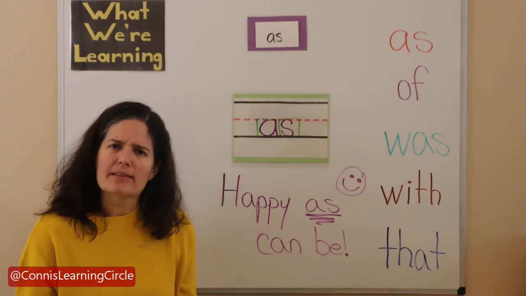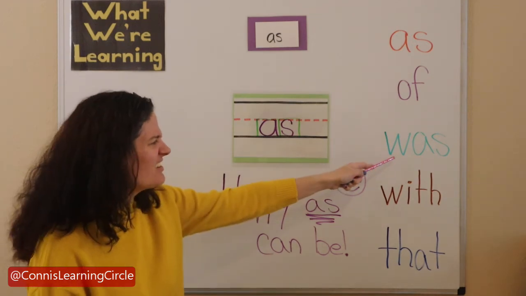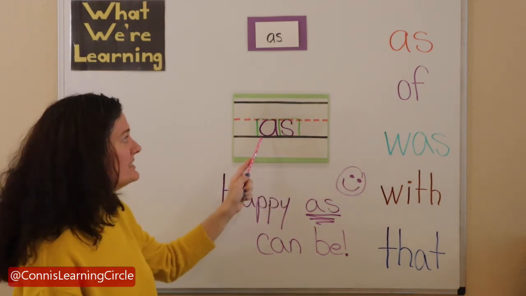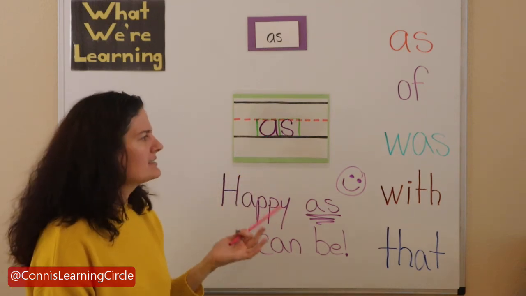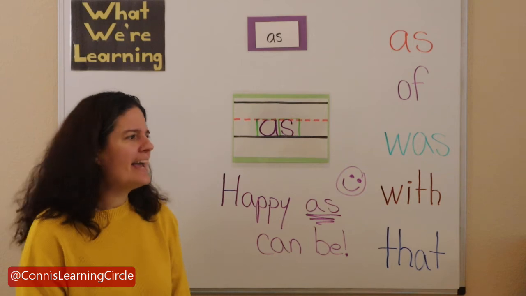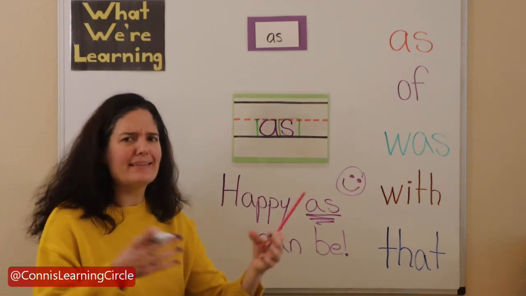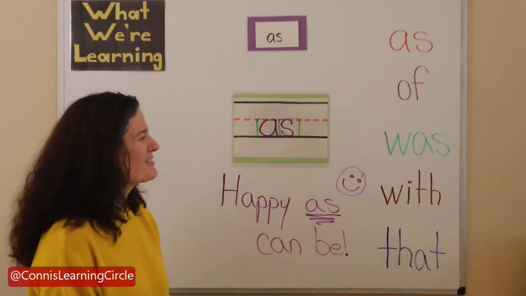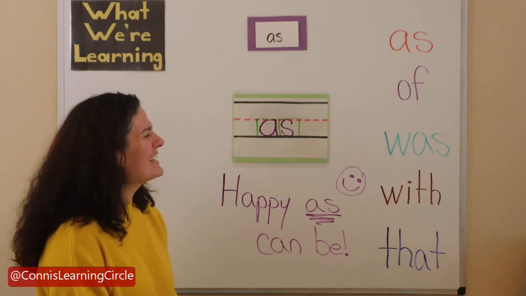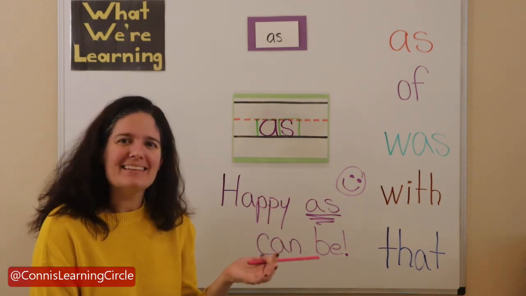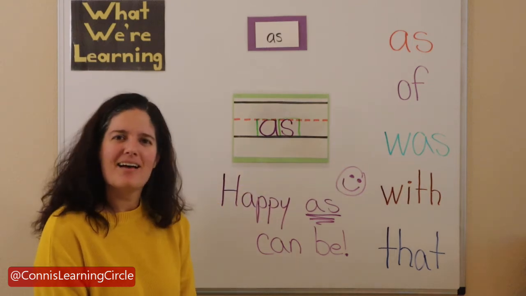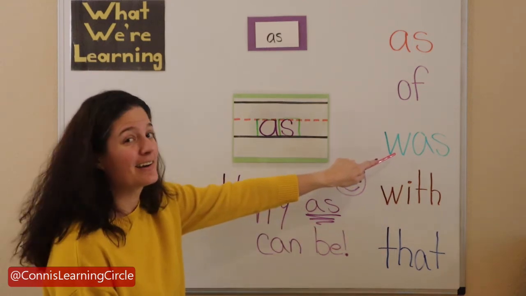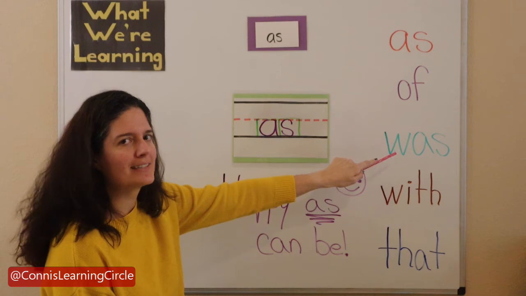It has some of our letters, but it added another letter at the beginning that is not in our word as, is it? That's right. It's not the right number of letters. It's not the right length of word. It's not the right shape. And it's not the right letters. It has an extra letter. Guess what? That means this is not our word as. Let's keep going and see if we can find it.